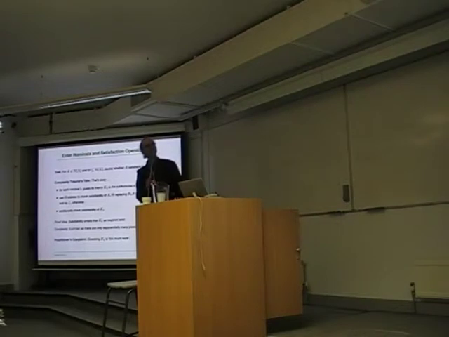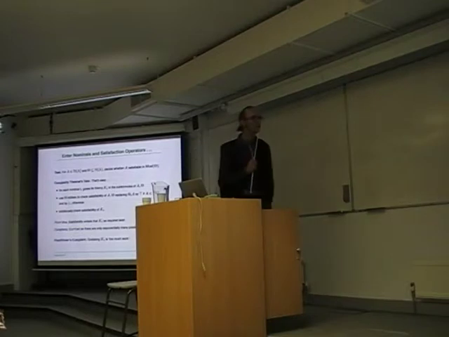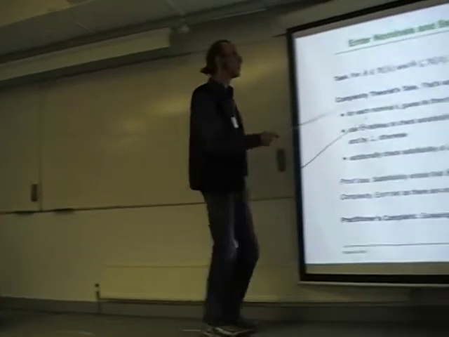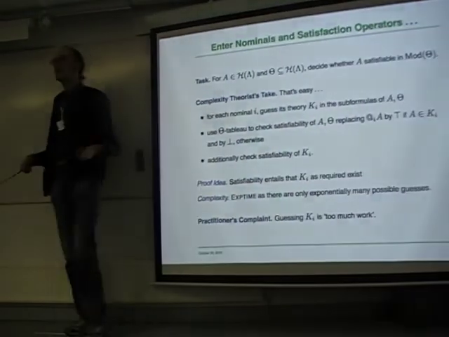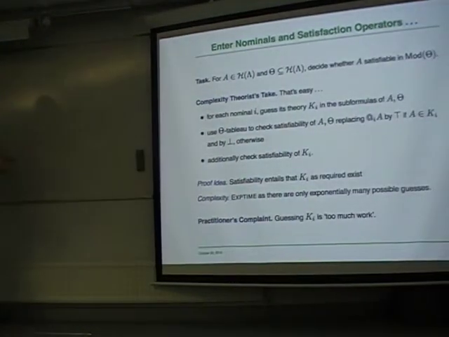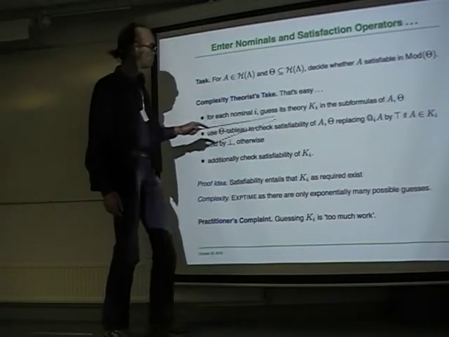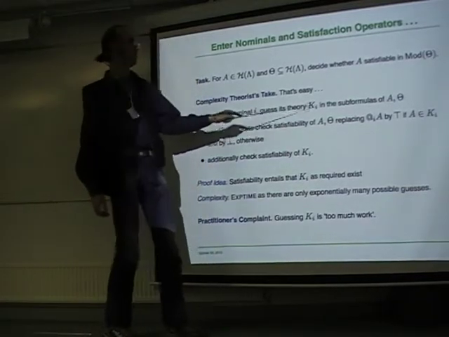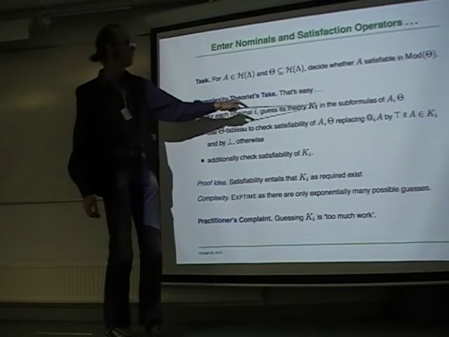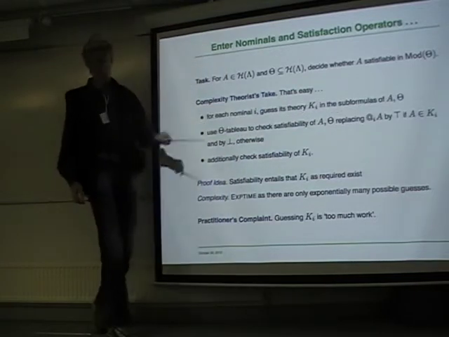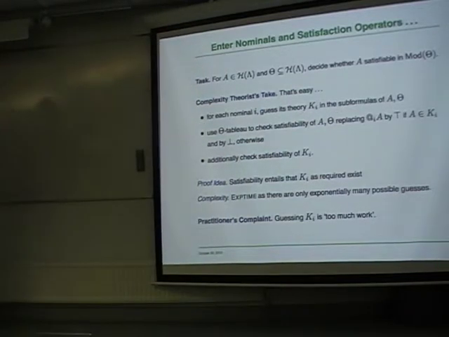what do we do if we also want to reason about individuals? If we're interested in complexity bounds, we could say it's very easy indeed. Everything is finite. We only see finitely many individuals. So in the first round, we just guess for each individual, or for each nominal, a certain set of formulas, which are subformulas of the background knowledge and the hypothesis, that we think this individual could satisfy.